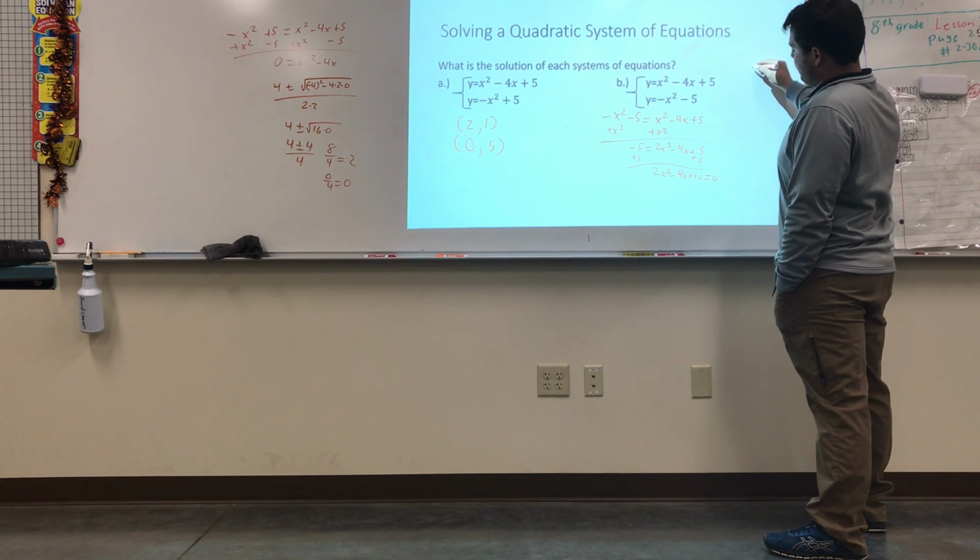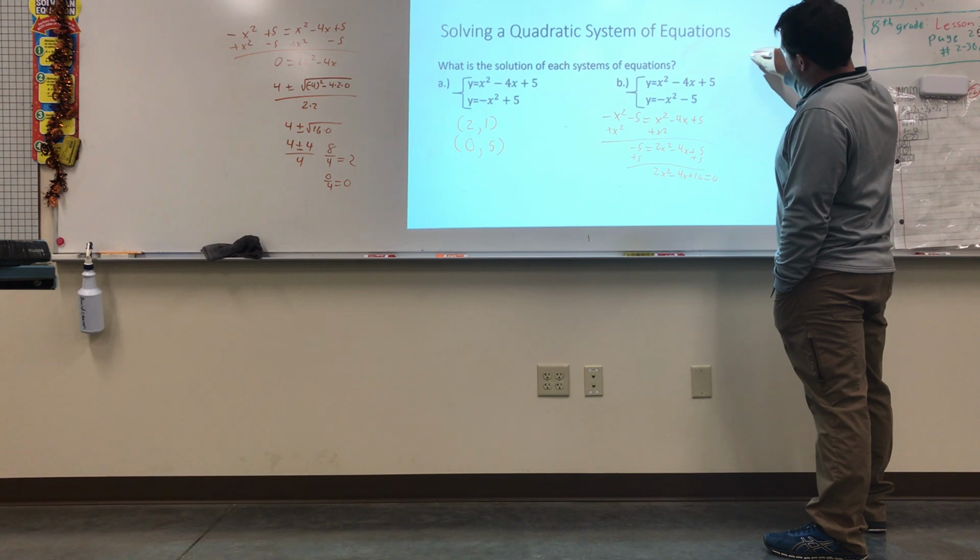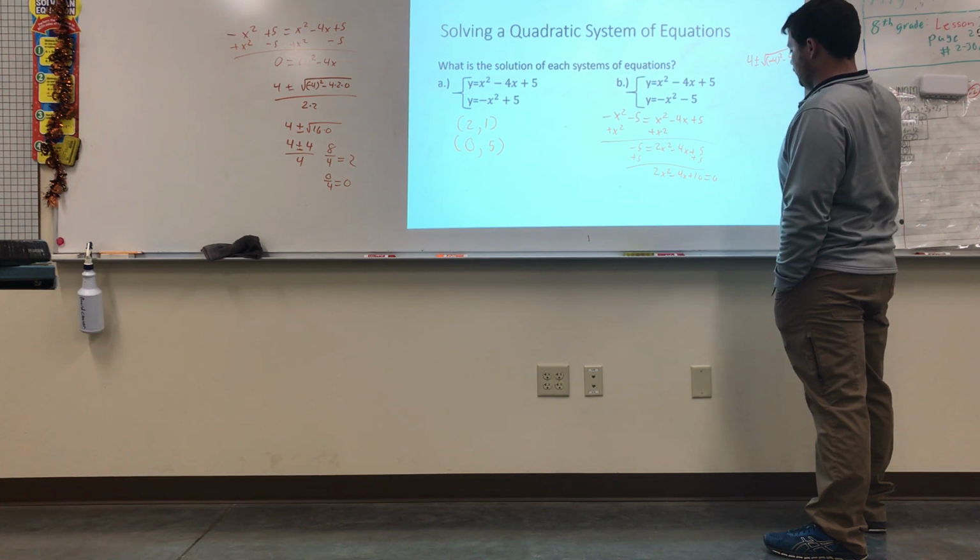So, I am going to have 4 plus or minus the square root of negative 4 squared minus 4 times 2 times 10 all over 4.